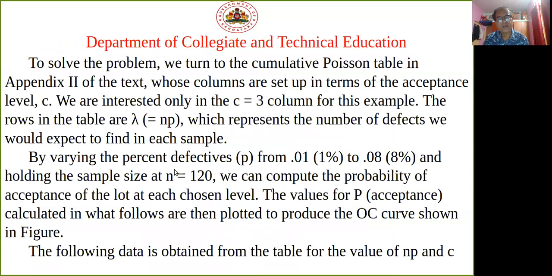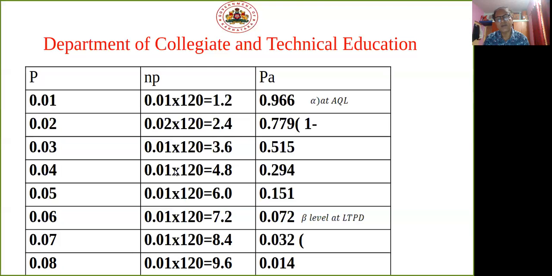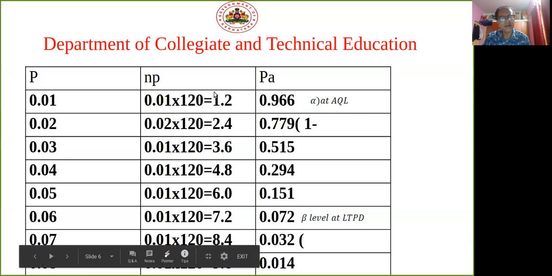So for the 1%, that is 0.01, at the AQL, called 1 minus alpha, the acceptable quality level, 0.966 is the acceptable quality level.